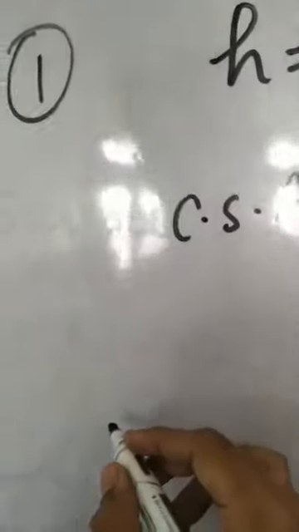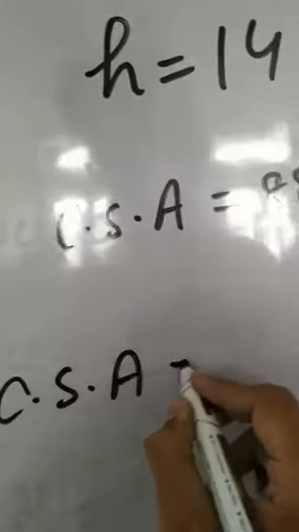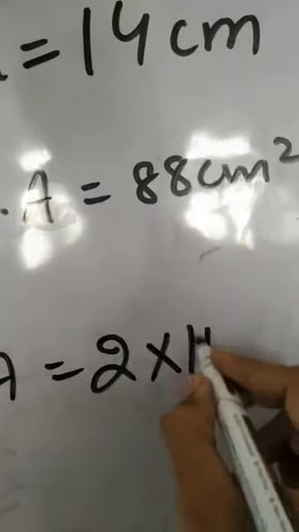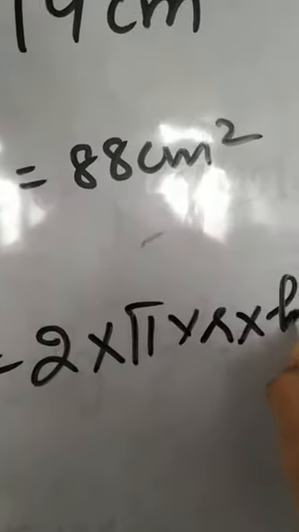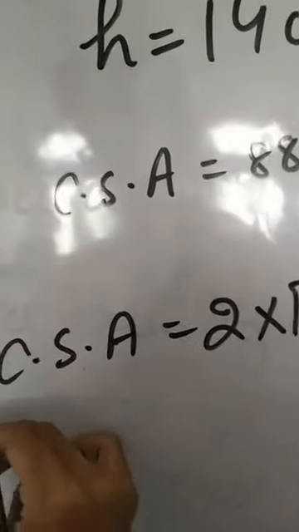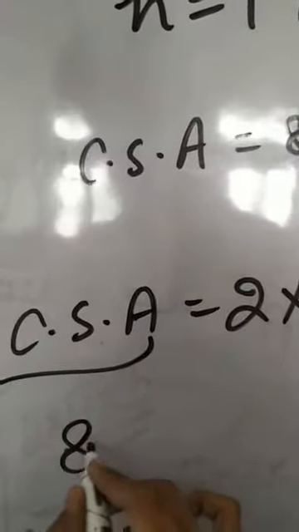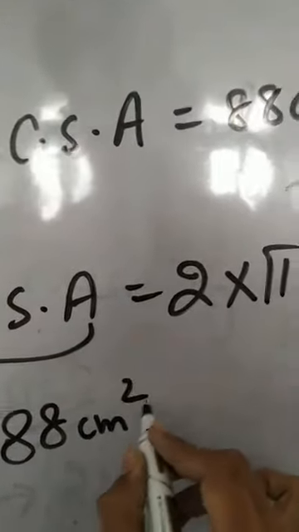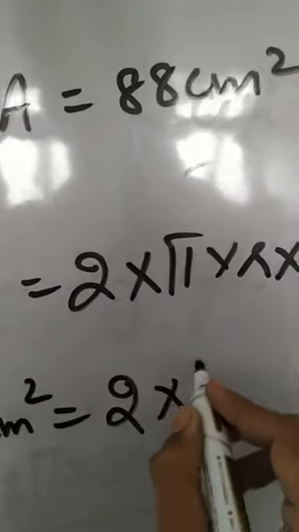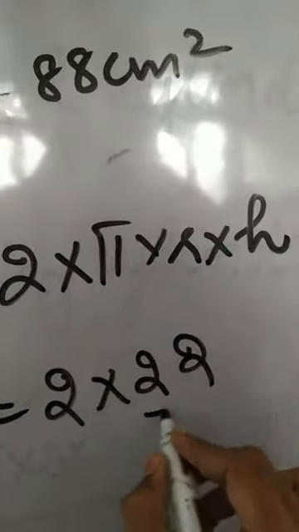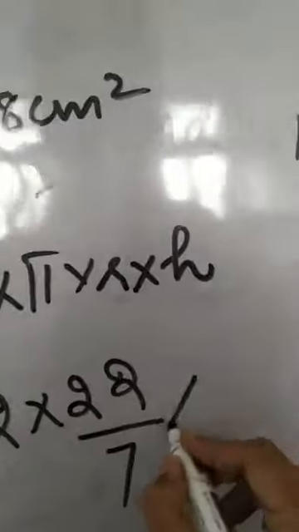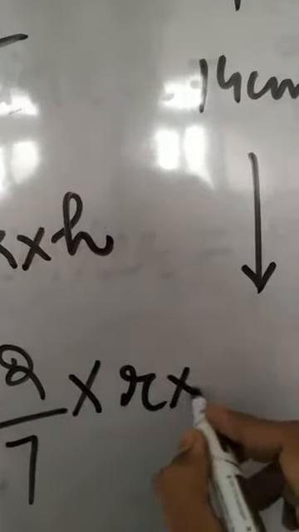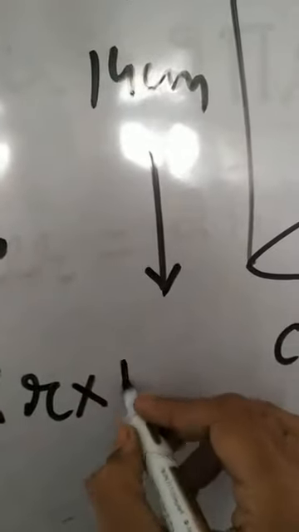So we use the formula of curved surface area, that is equal to 2 into pi into r into h. The value of curved surface area is 88 centimeter square, equal to 2, we use the value of pi as 22 upon 7, r, and value of h is 14.